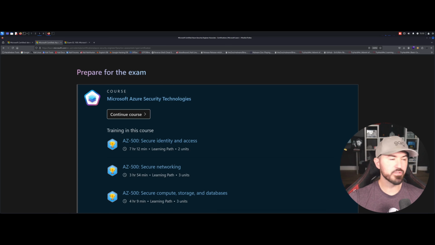And then a little tip that I like to do for myself is bookmark any modules specifically for your weaknesses, right? If I was weak in something, I would bookmark it. You can check into the exam, I think, a half hour before. Say, for example, your exam is at 8 o'clock.